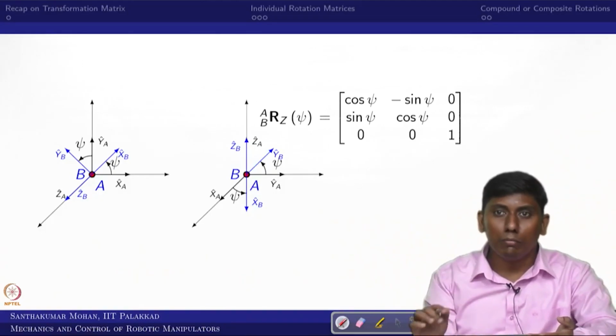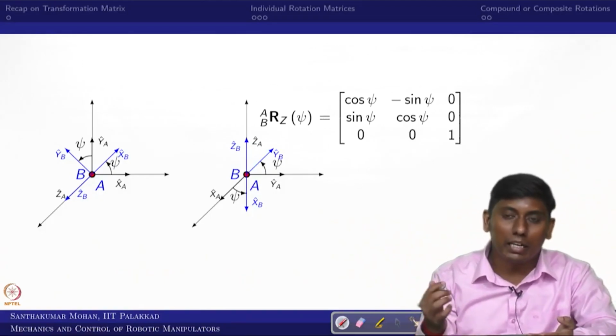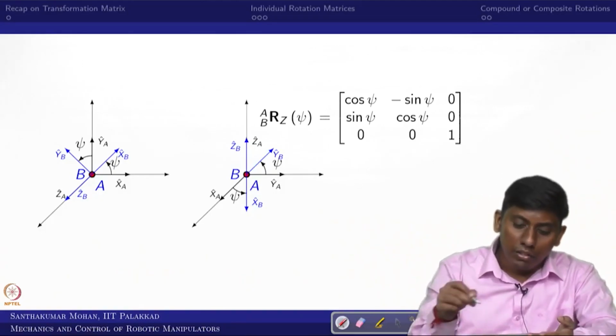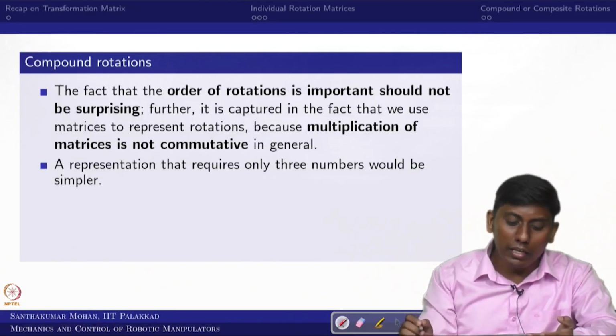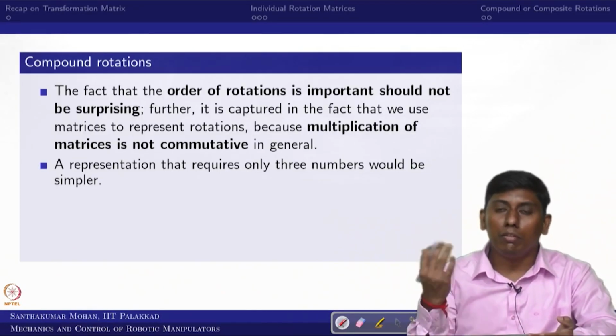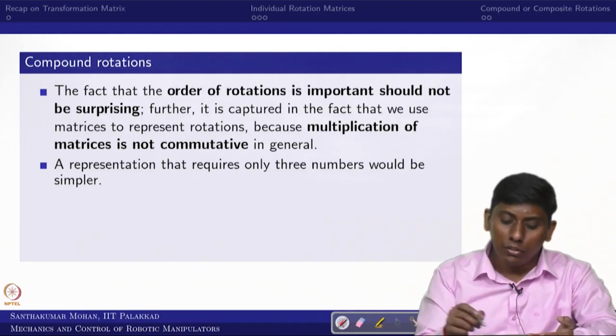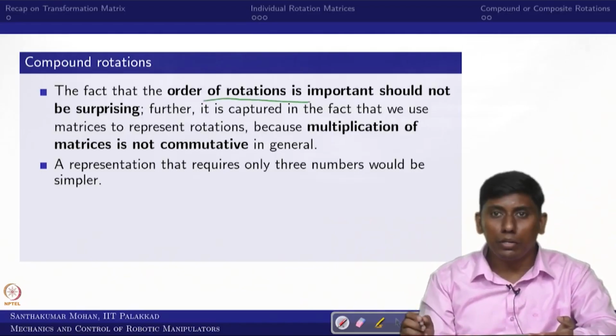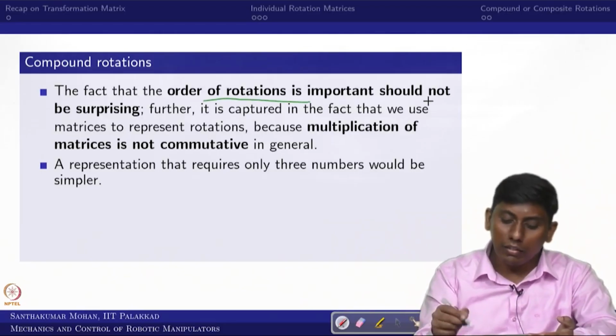So let us move to the compound rotation, what exactly we want to do there. In compound rotation, the order of rotation is very important, because you have three axis rotations, right?